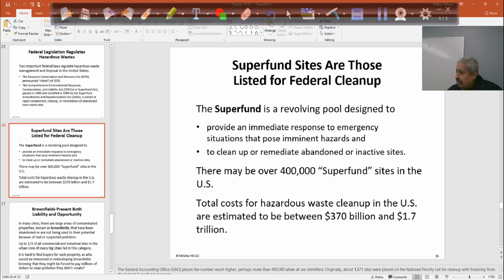Mines are another source of abandoned waste. There are maybe over 400,000, close to 500,000 Superfund sites in the U.S. Total cost of hazardous waste cleanup in the U.S. is estimated between $370 billion to $1.7 to close to $2 trillion.